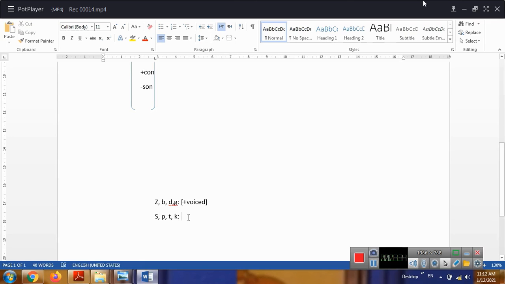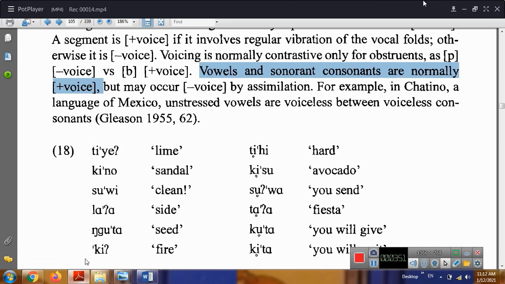They are their minus voice counterparts, voiceless counterparts. Sorry, voice, because we show them by the minus.